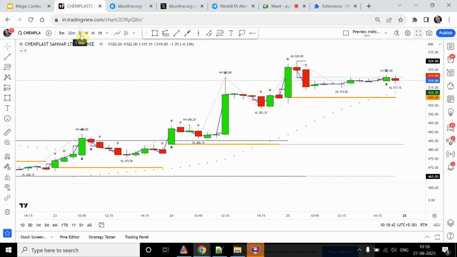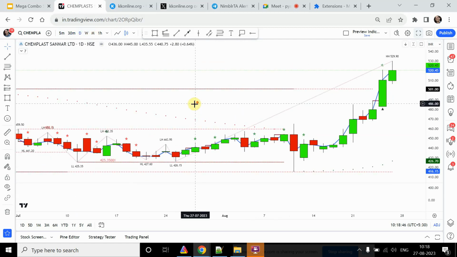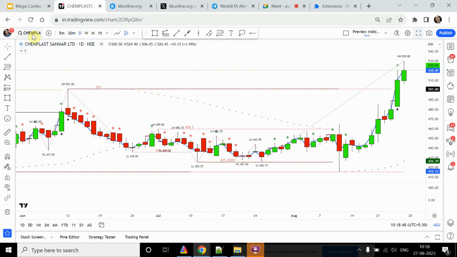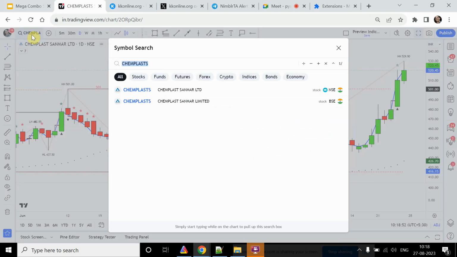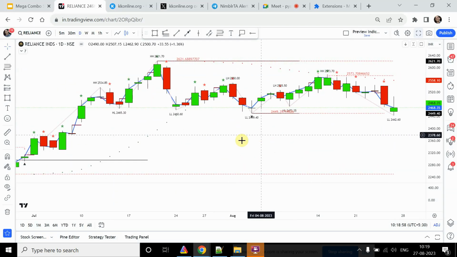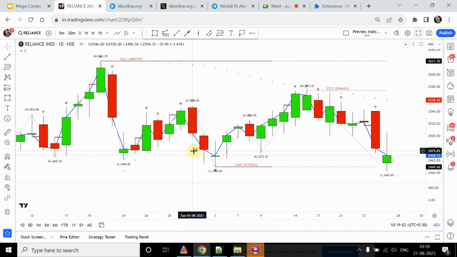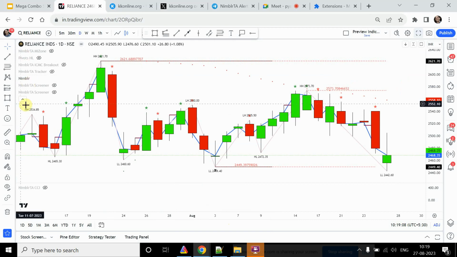Similarly, when we extend this on a daily, weekly, monthly, or even higher time frame, we would get similar information. So for the demonstration, we can look into some other stock. For example, I could take Reliance over here. Let me remove some of the drawings which I might have done for my understanding. Okay, so over here I have enabled only the Nimblr template and I am on the daily time frame.